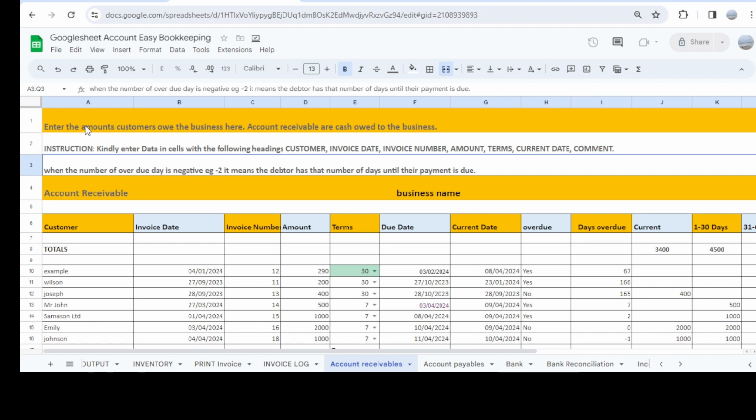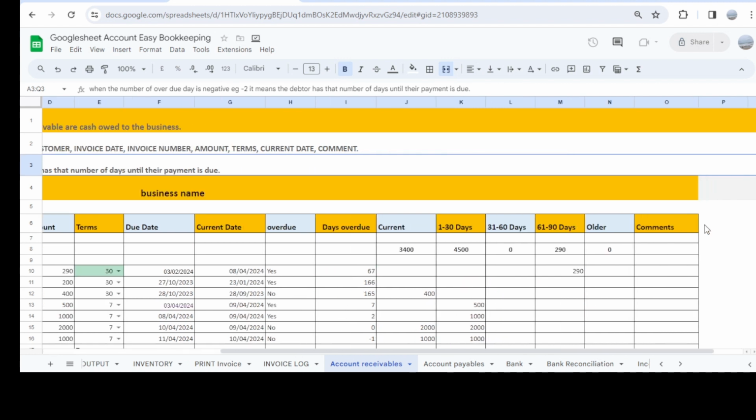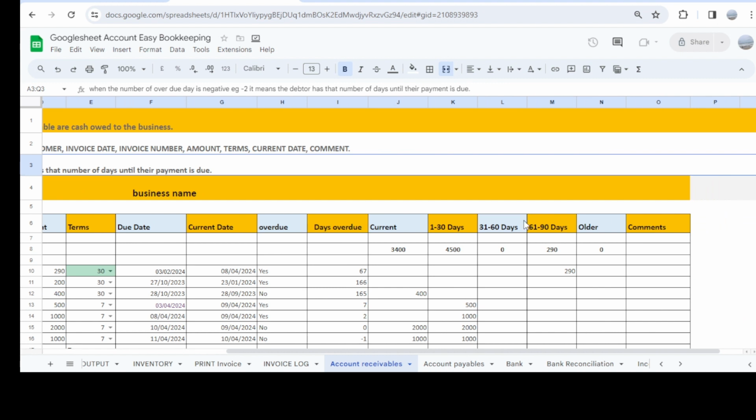Kindly enter data in cells with the following headings. These are your data headings: customer, invoice date, invoice number, amount, terms, current date, and comment, which is here, the last column.